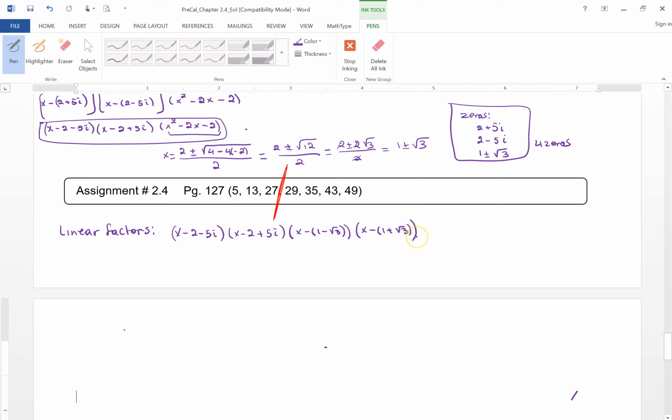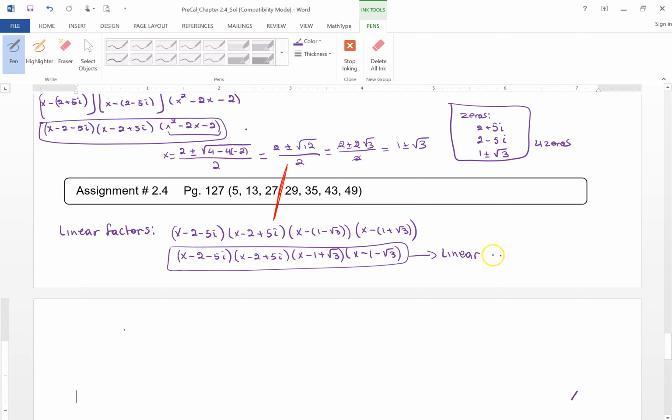Okay, you put in all the zeros. And that's your answer after you simplify the negatives. So, x minus 2 minus 5i, x minus 2 plus 5i, x minus 1 plus root 3, x minus 1 minus root 3. So this would be all the linear factors.